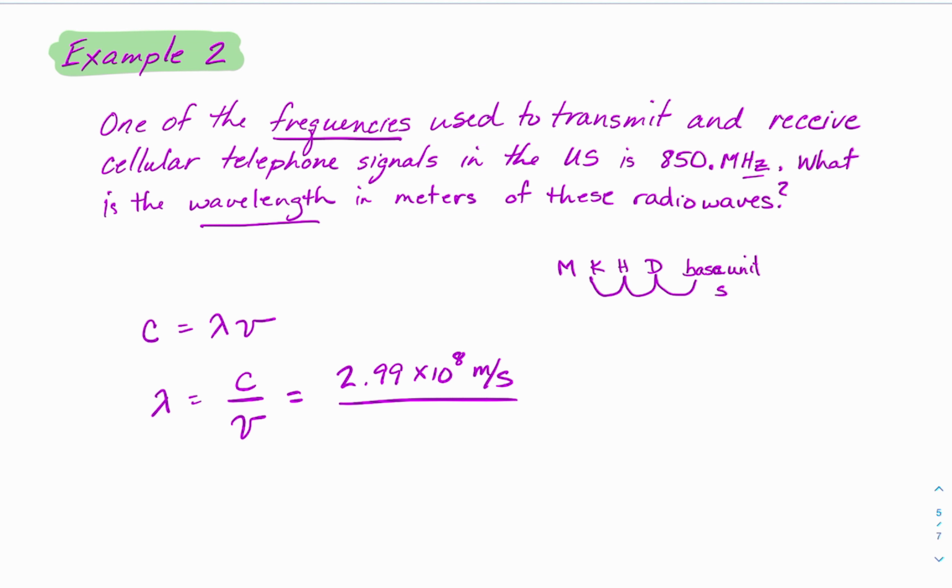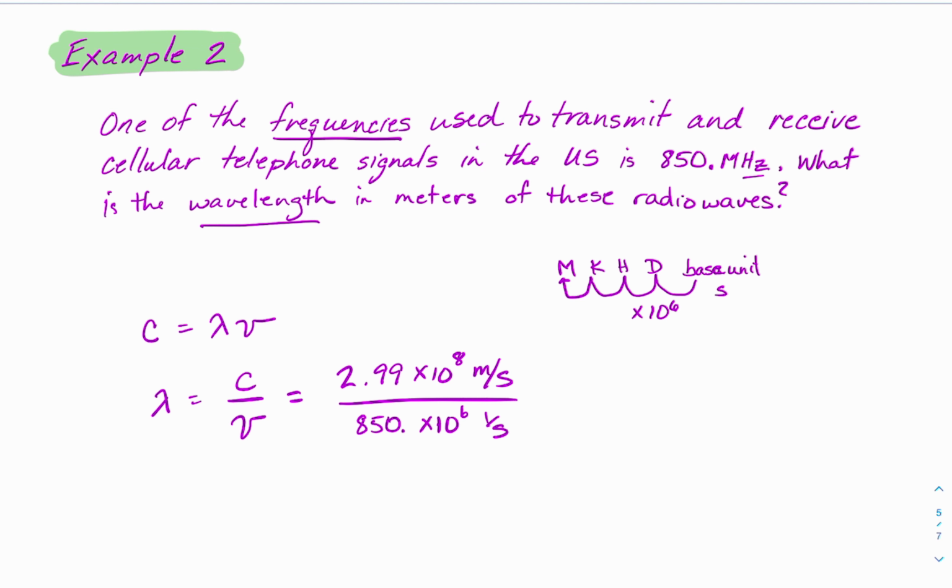Anytime you move above kilo, every prefix is 3 more. So we've gone 1, 2, 3, and now this will be 6. So this is times 10 to the 6th that we will add to that value. So we'll put 850 times 10 to the 6th per seconds. And that will get us out of megahertz into just regular hertz or per seconds.